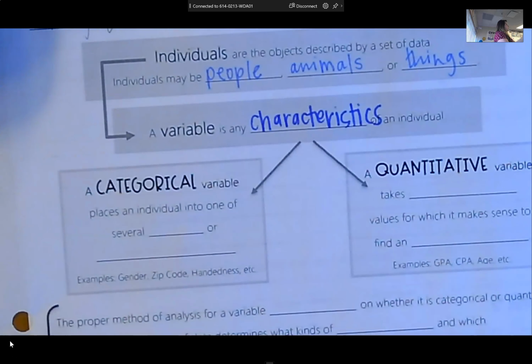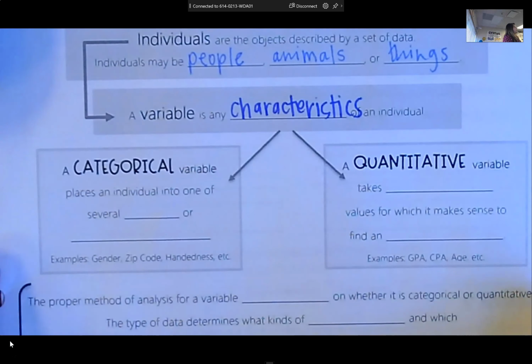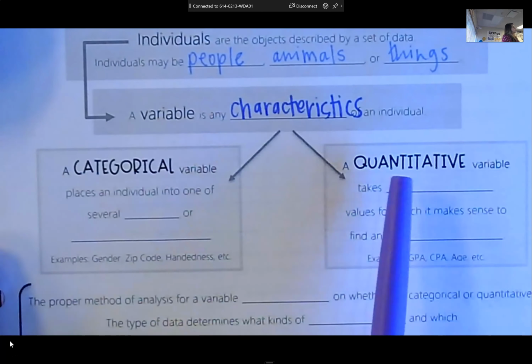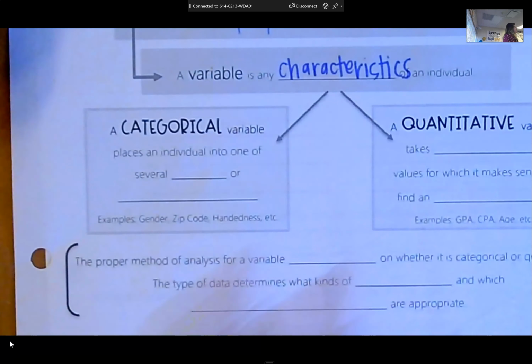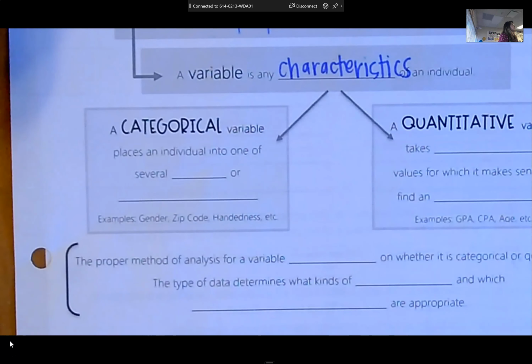Now to add in one more layer, variables can be one of 2 kinds, categorical or quantitative. Scatter plots is only quantitative. What we're focusing on, and hopefully you noticed it a little bit on the tab that I brought you, is categorical variables or categorical data. This unit is very, very short.